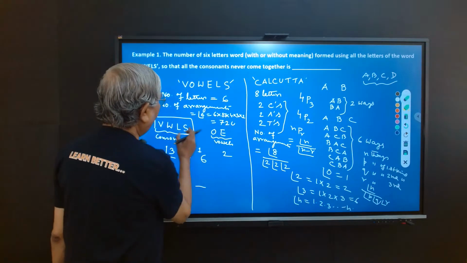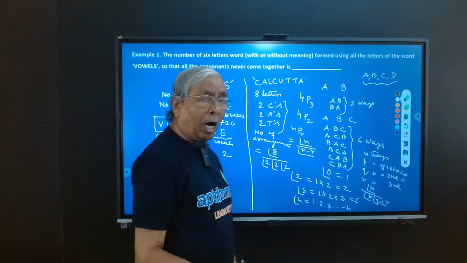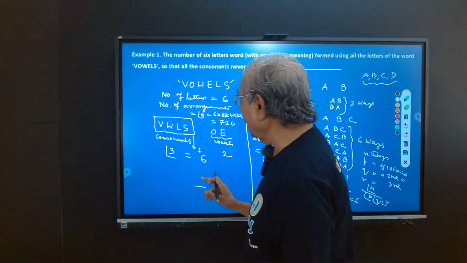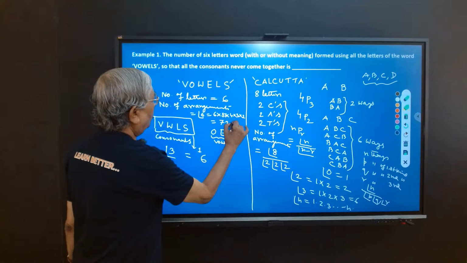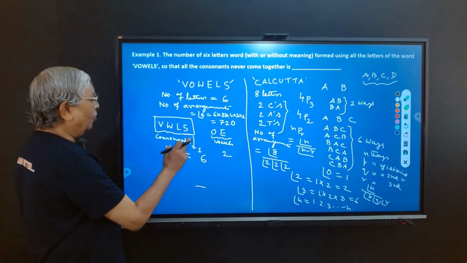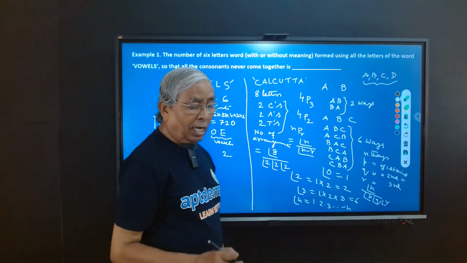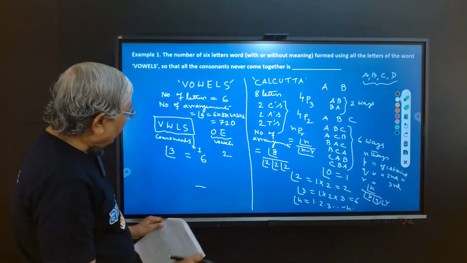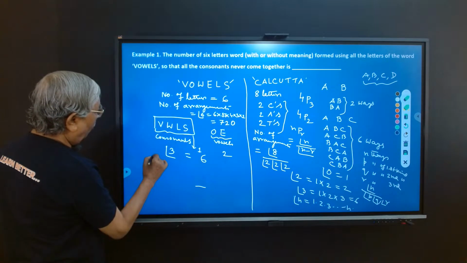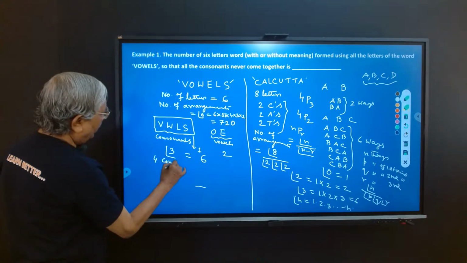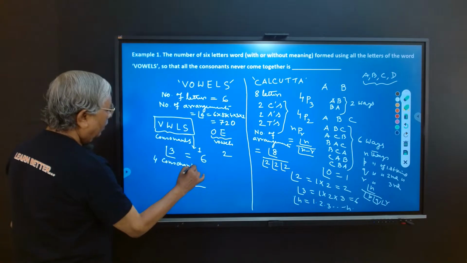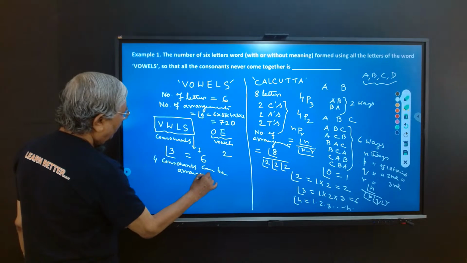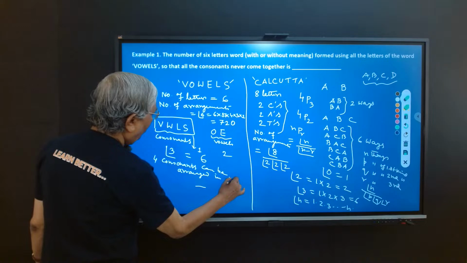Again, the two vowels and the four consonants, taking the consonants as one, can be arranged in factorial 3, that is 6 ways. Now the four consonants, with no repetition, can be arranged among themselves in factorial 4 ways.